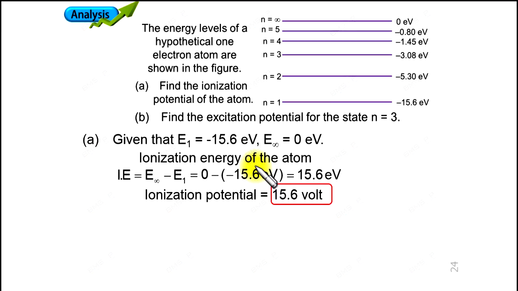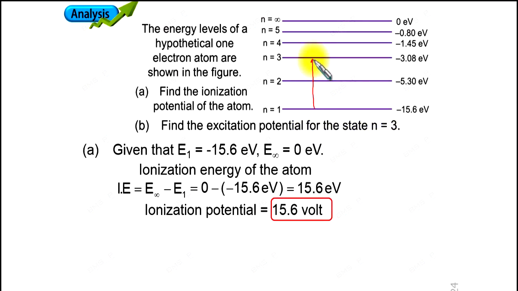Excitation energy for state n equal to 3 is the energy required for the transition from n equal to 1 to n equal to 3. So energy required should be equal to E3 minus E1.